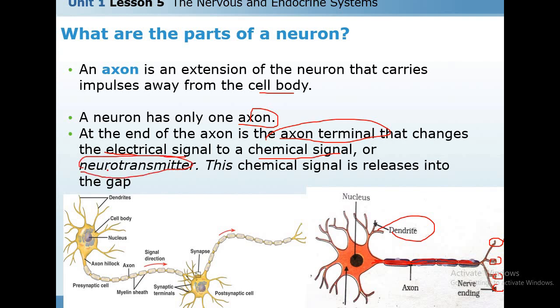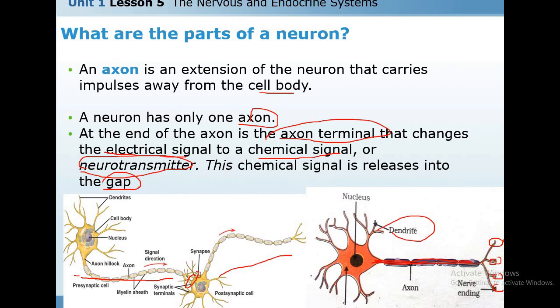This chemical signal, or neurotransmitter, is released into the gap. Look, this is a gap between this first neuron, or nerve cell, and this second nerve cell. Between both there is a gap.